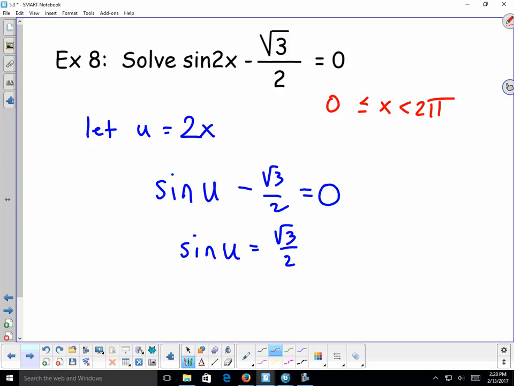So let's multiply all of these by 2, so we can get a 2x there. So I get 0 is less than or equal to 2x is less than what? 4 pi. That means this 2x is really u. So that means that instead of looking just on the unit circle between 0 and 2 pi, we need to look on the unit circle between 0 and 4 pi.